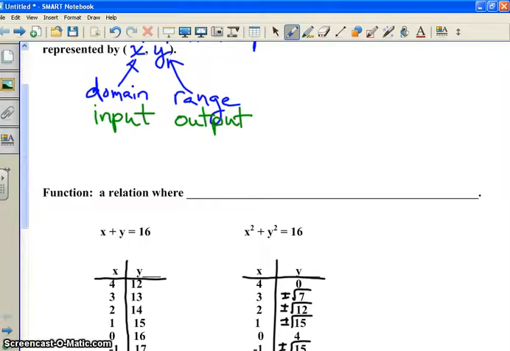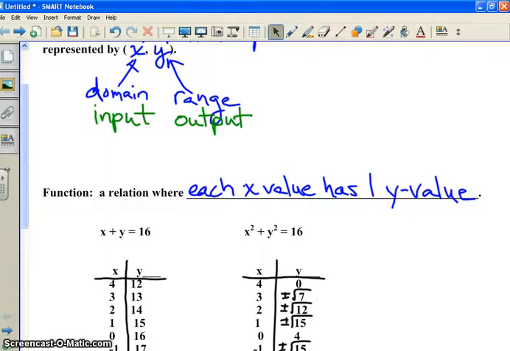A function is a special type of relationship where each x value has one y value. Or in other words, when you input a number in for x, you're only going to get one y value or one output out of the equation.